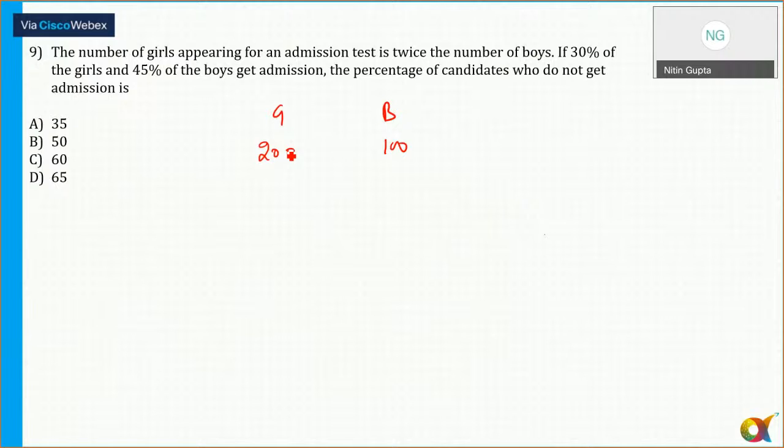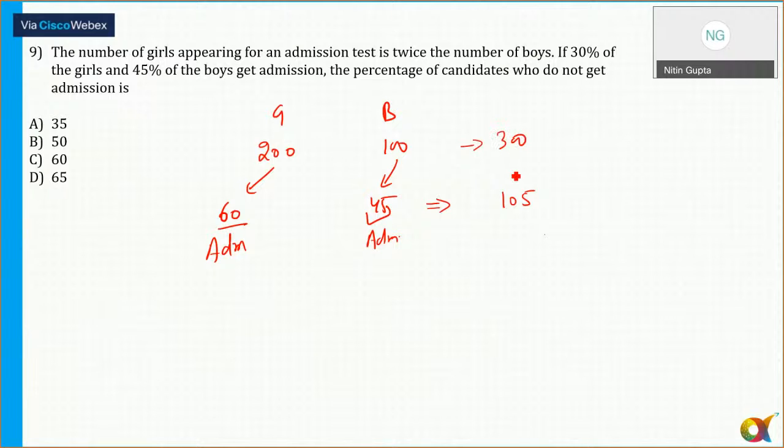30% of the girls, so 30% of 200, that is equal to 60. And 45% of the boys get admission, so that is 45. So 60 girls and 45 boys got admission. Then the percentage of candidates who did not get admission: 60 plus 45 is equal to 105, and the total is equal to 300.